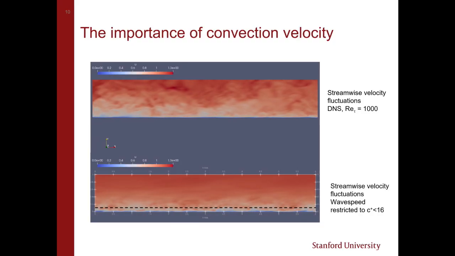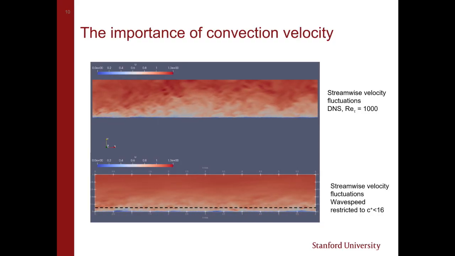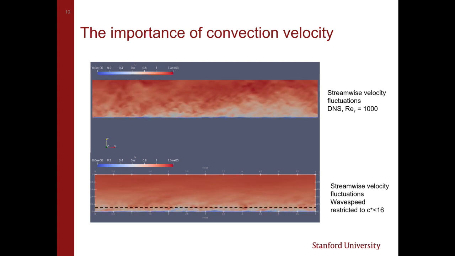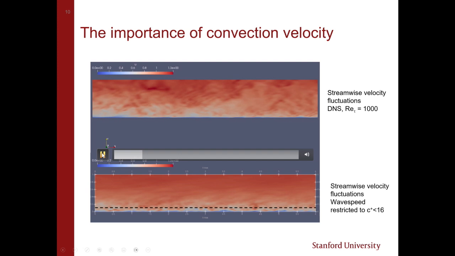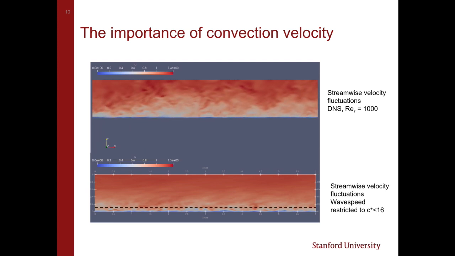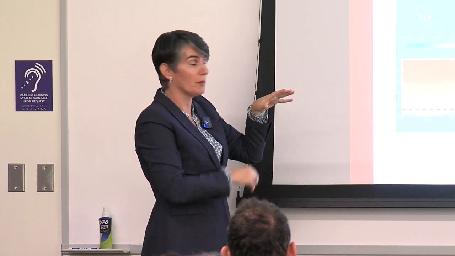So here is some streamwise velocity data from an Re tau 1000 simulation in DNS. So from the time evolution, everything looks very complicated. And it is. I would be wrong to tell you that it's not complicated. But based on what we were just looking at, we already know that there are some different wave speeds. There are things moving over the top of each other. So down here, we've restricted that.